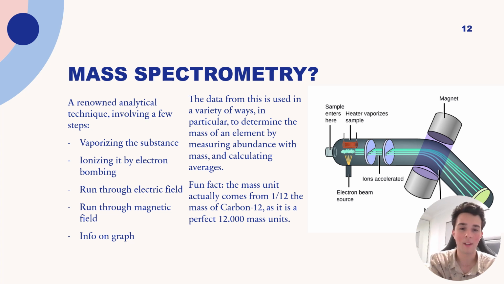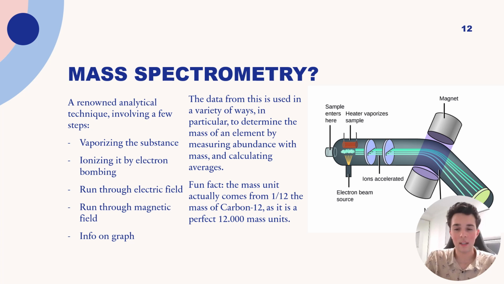Sorry for the cameo being in the way. But yeah, so you have all that information, and the mass spectrometer records the data on where that individual element and the charged particles have landed. And the data is used in heaps of ways.